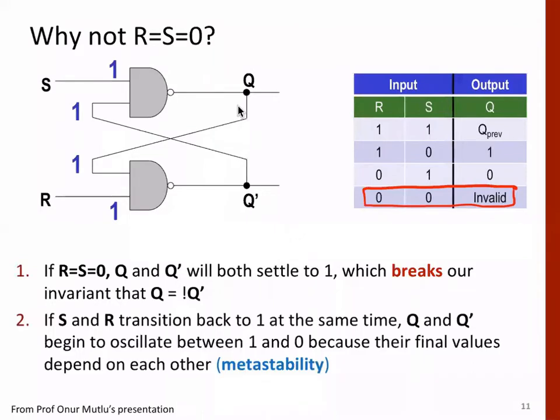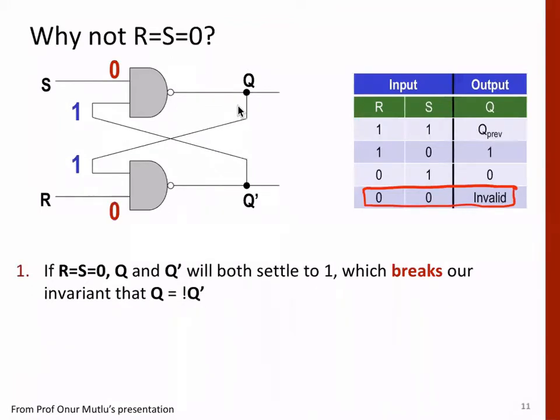So let's avoid that. And there is another problem: when both are at 0 and then you switch them to 1, right? Let's assume both are at 0, then obviously if this is 0, then the output will be 1. So this will become 1 here.